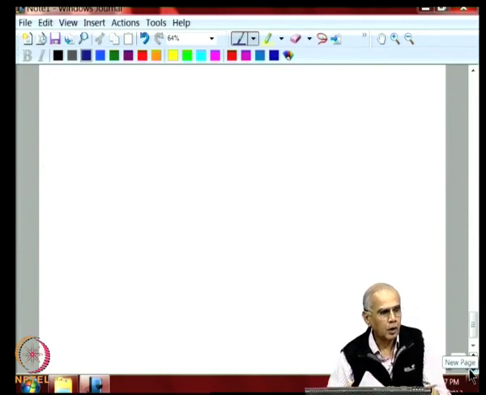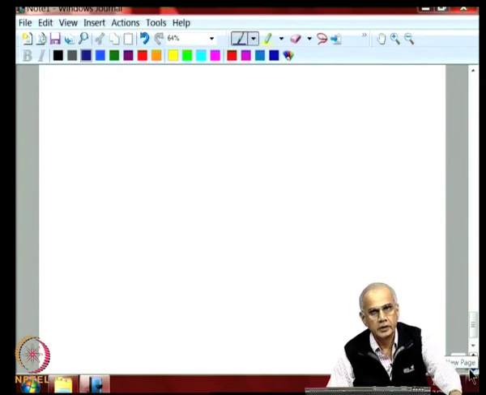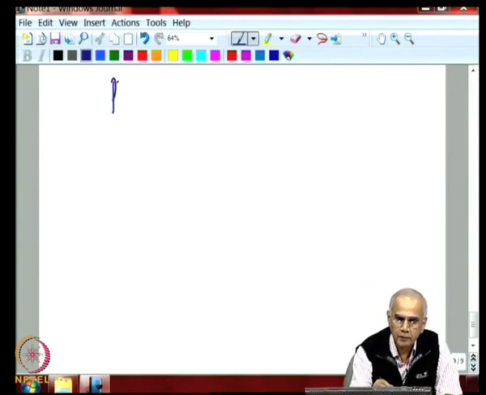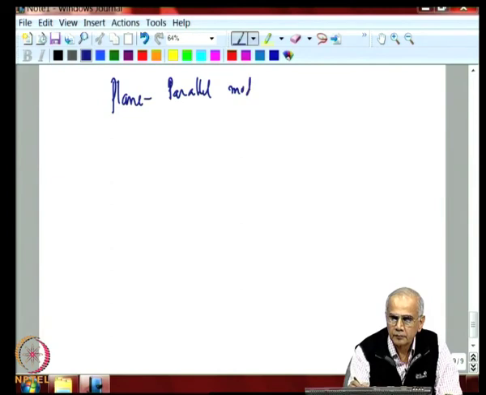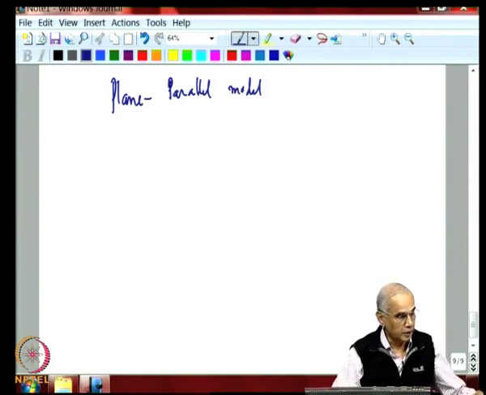Now, so far all the problems we have done in radiation heat transfer involve the plane parallel model. But all of you should realize that this is not the only geometry that we deal with in the real world.